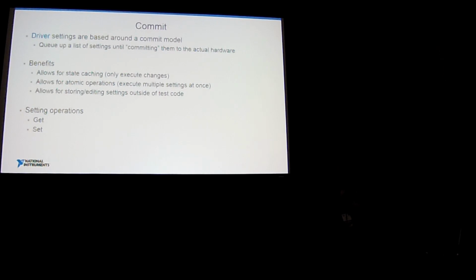Some of the benefits of queuing up a list of settings that we apply to hardware is that we can cache the state and track it at a high level, and then we can only execute the changes, which is really powerful.